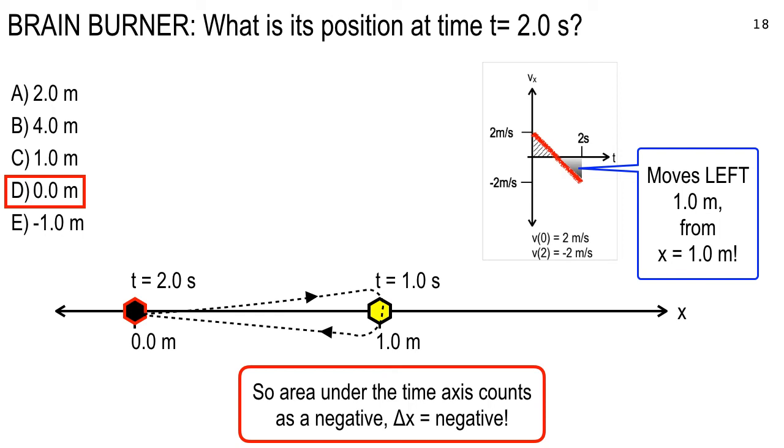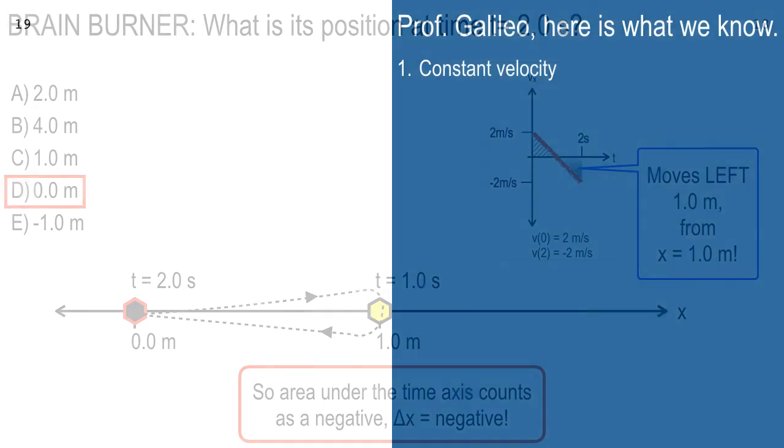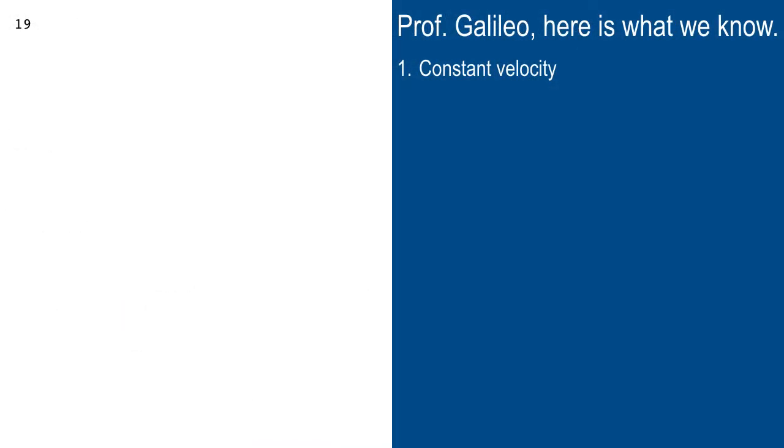And you can balance things in a balance for mass, so many kilograms of mass. But that's about it. All right, so this stuff becomes pretty important, at least to know the basics of the velocity graph. So let's make a summary to our dean, Professor Galileo, about what we know.